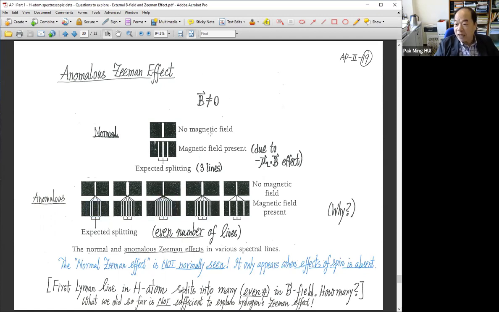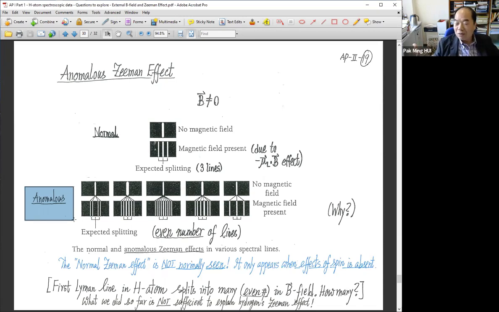Even number, not 3. So we ought to give another name to this Zeeman effect, splitting into an even number of lines. They are collectively called the anomalous Zeeman effect.